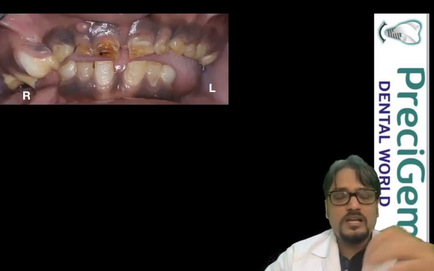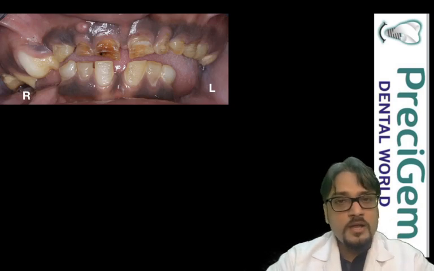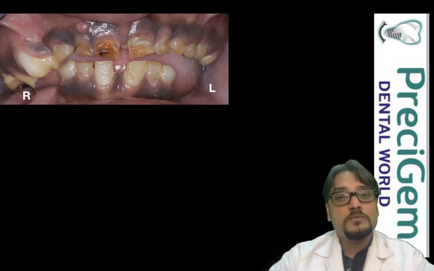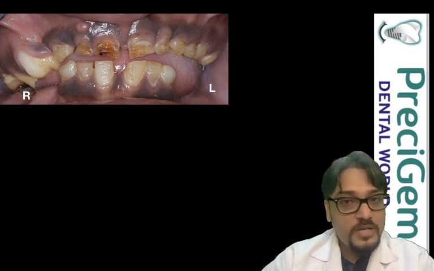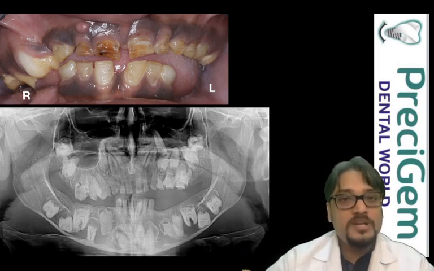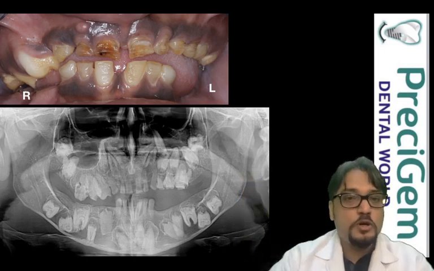Now, for example, take the situation of this young boy around 19 years, who says to me that he needs a full mouth implant, all his teeth are compromised, everything is gone. Send me the treatment plan and the cost. But we recommended he take the dental OPG X-ray, and what was seen was a big surprise, because not just the visible teeth, but there are so many teeth impacted in the jawbone.